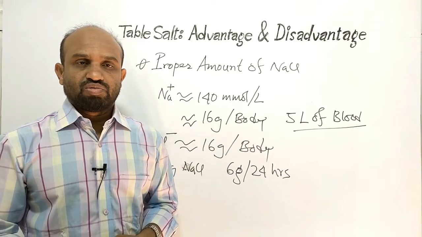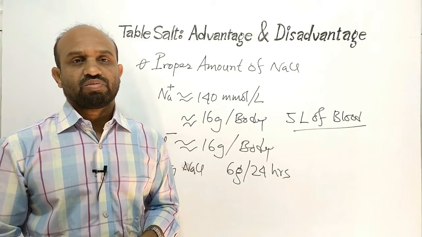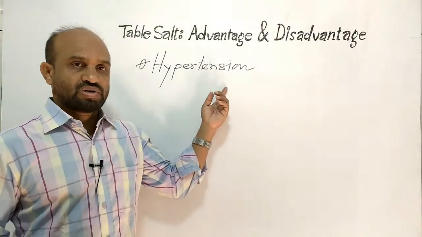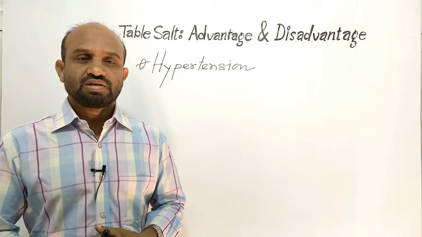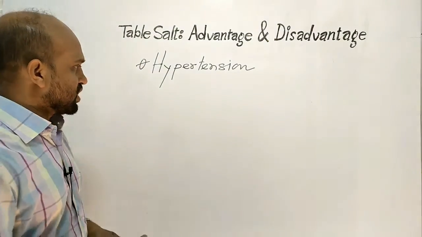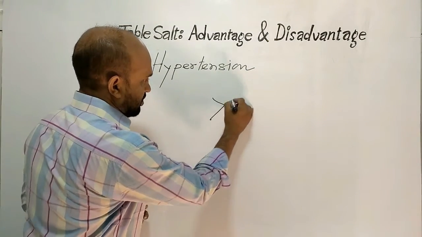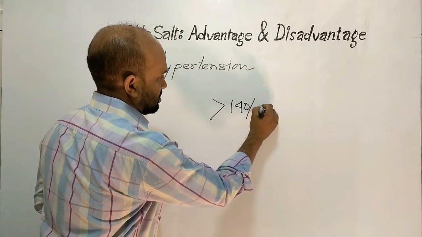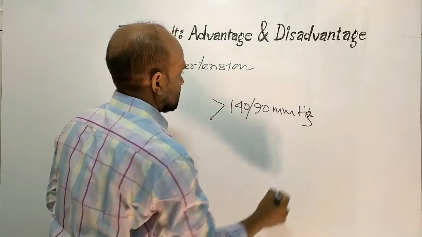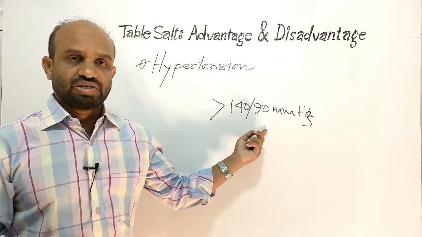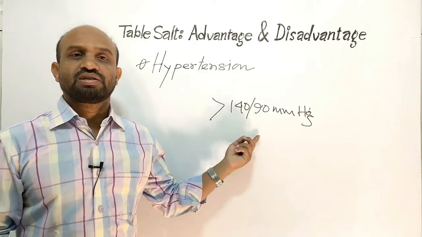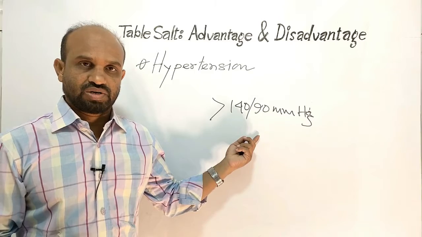Now let's see what will happen if we take more amount of sodium chloride every day. Now the point is hypertension, which is the result of more sodium chloride. When blood pressure is above 140 by 90 millimeter mercury, then this medical condition is called hypertension, and sodium chloride is responsible for hypertension.